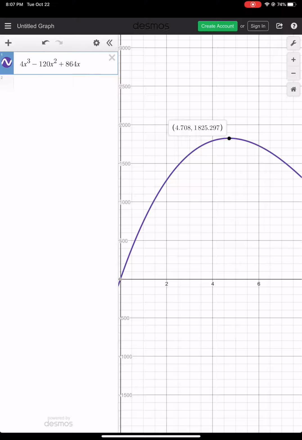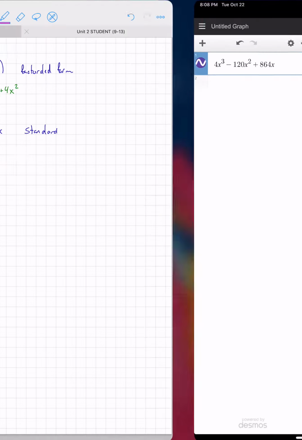So when we look at this, we have this equation for volume. And we know it has this relative maximum at x equals 4.7 and y equals 1825.3. So let's go back to our problem.